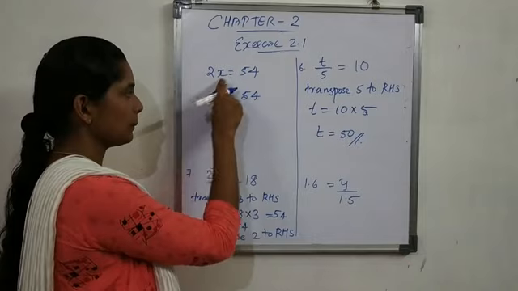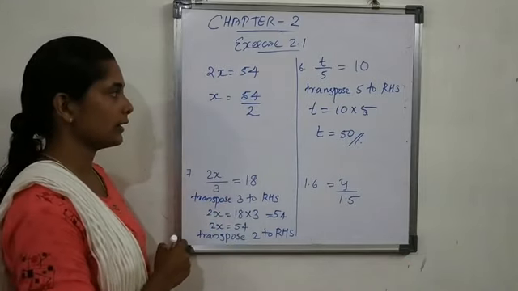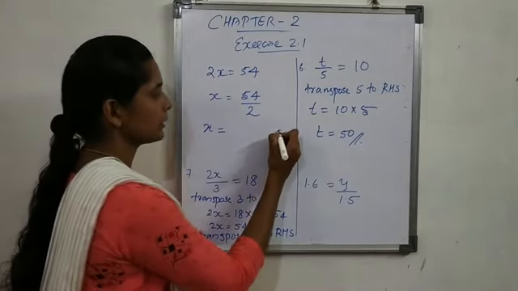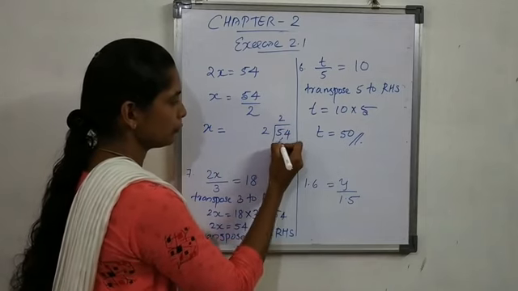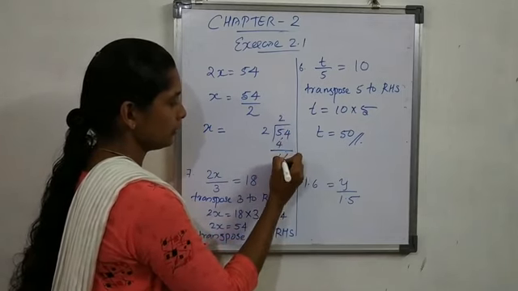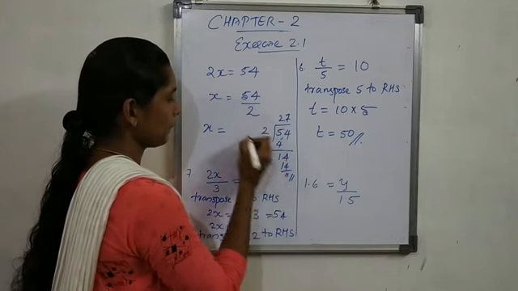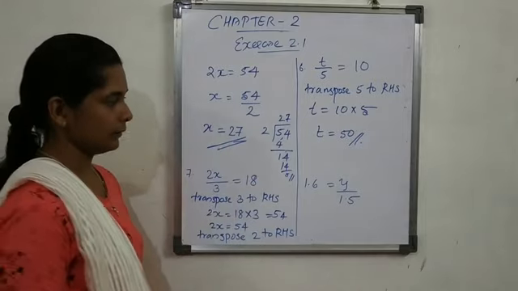Here it is multiplied, therefore on the right side you have to divide it with 2. 54 is divided with 2. That is x is equal to, what is that? 54 divided by 2 is 27. X is equal to 27.